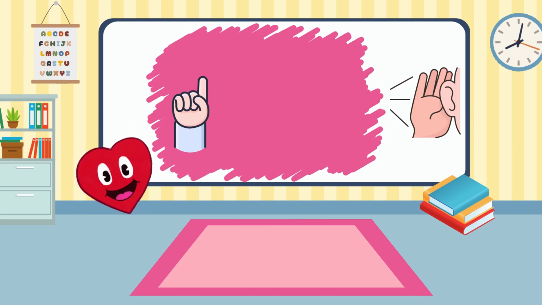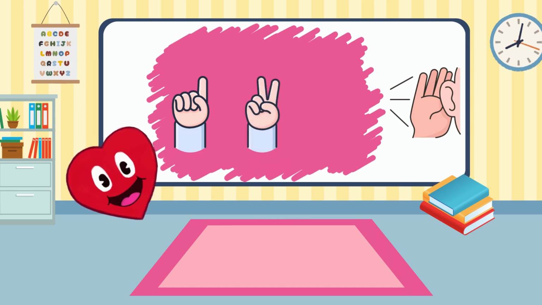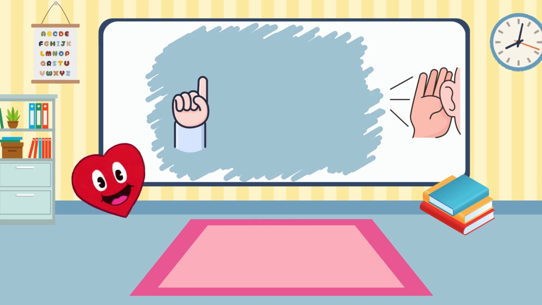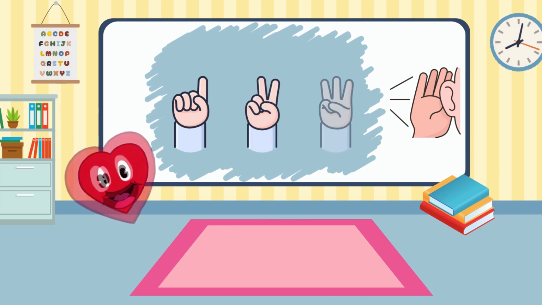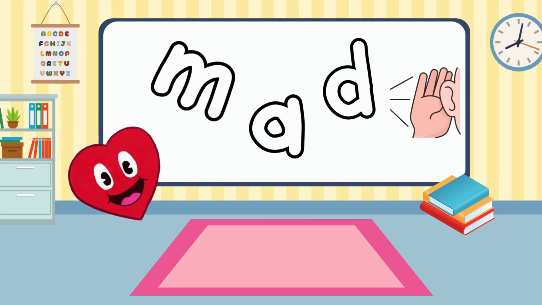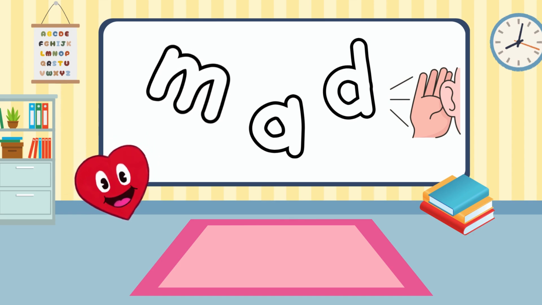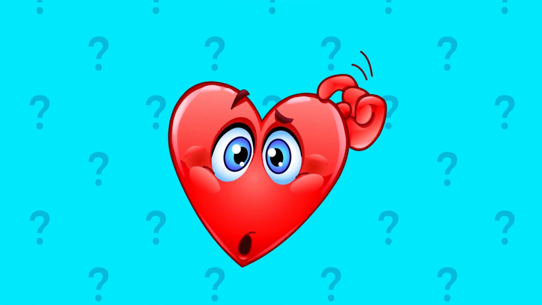I know that the word mad has 3 sounds. I also know that the word made has 3 sounds. In both of these words, I can hear the sounds for the letters M, A, and D. So do I spell the words the same way or differently?